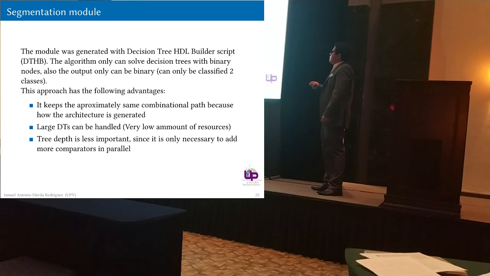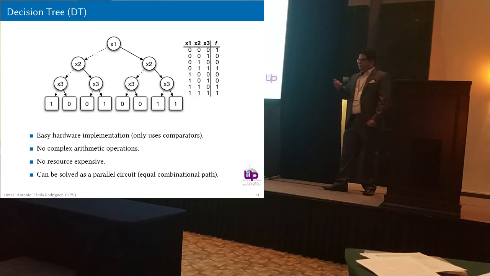It gives approximately the same combinational path, because of how the architecture was generated. Also, it scales well because it uses a very low amount of resources. Also, the depth is not significant because it only needs comparators in parallel.